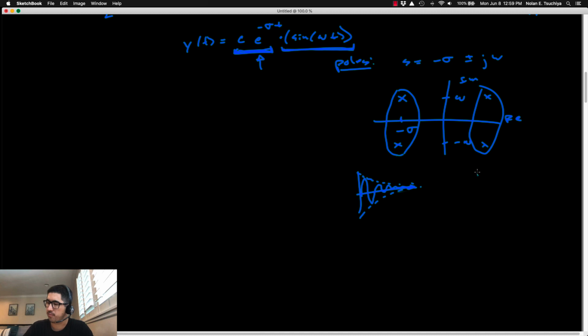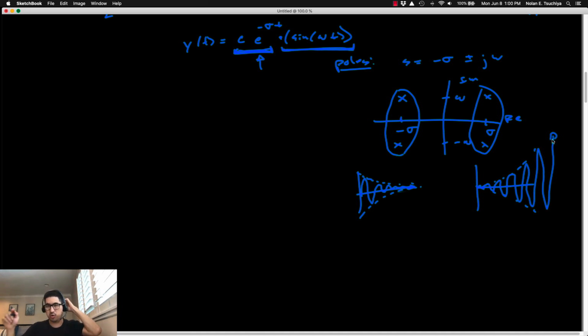Whereas over here, you'll still get some oscillation, but the envelope function associated with that impulse response is going to be e to the positive sigma t, right? You're going to have that double negative in there again. So your envelope function is going to be exponentially increasing, but since you're multiplying by a sinusoidal component, you're going to get this sort of uncontrolled oscillation that eventually explodes to infinity.